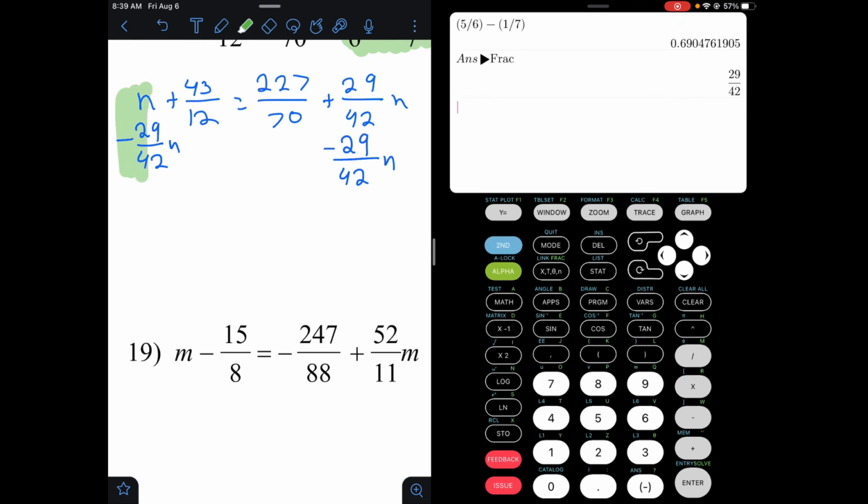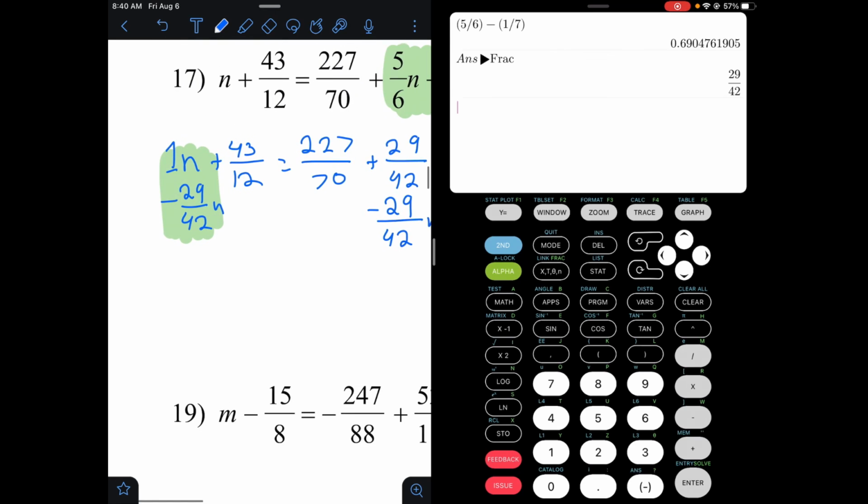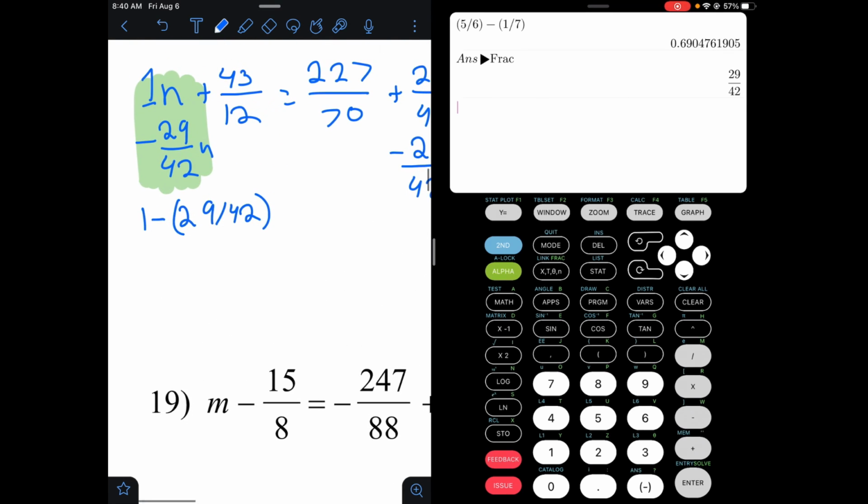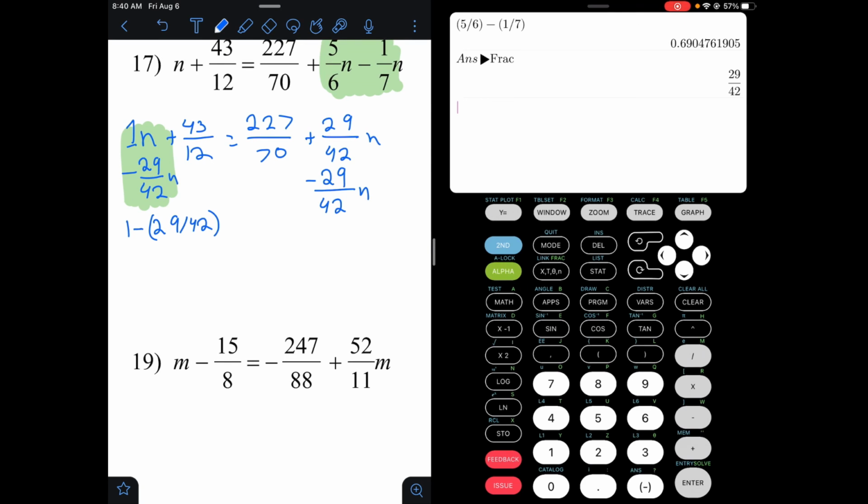So these guys are like terms, and I need to combine them now. But keep in mind, this n has like a 1 in front of it, right? So it's going to be 1 minus 29/42. Okay, so you're going to plug this into your calculator, and I want you to give me the fraction equivalent of what the answer would be. So plug in 1 minus 29/42 and tell me what you get.